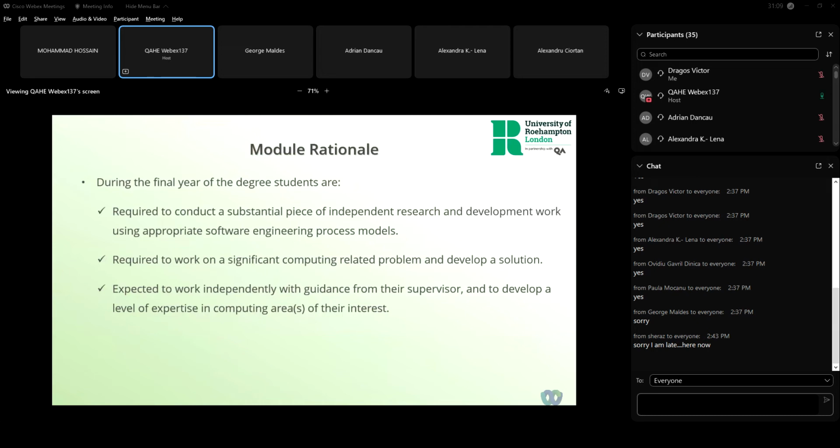So when you consider the fact that we have several hundreds of students graduating every single year from QA, and QA is not just Roehampton Computing, it's also Solent Computing, Ulster Computing, and Northumbria Computing courses. Yes, they're all similar. Yes, they have a different name, but they're all similar, more or less.